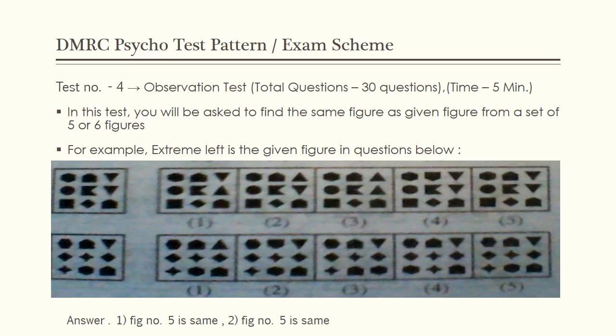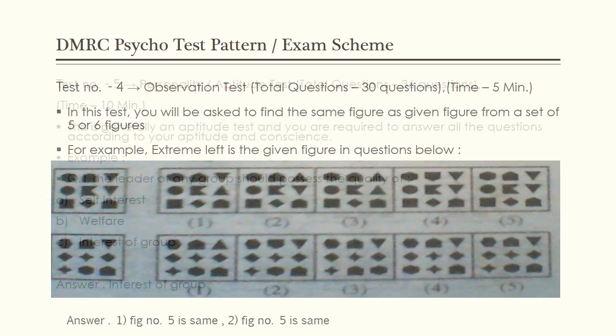So you have to pick out quickly, as soon as possible, the matching figure in these kinds of questions. You can see in the first question, figure number 5 is the same. In the second question also, figure number 5 is the same as the given figure.